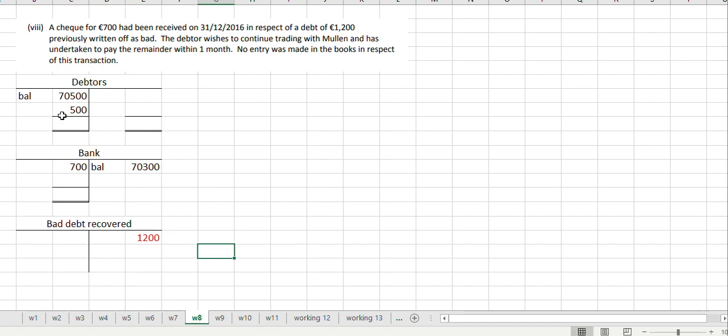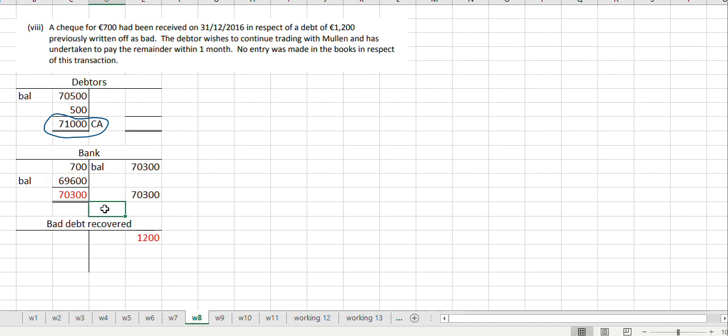So when we balance these, I'm just going to add this up. 71,000 will be our debtors figure, which I'll circle, which will be a current asset. That is your debtor figure. Your bank figure, when you balance your bank, 70,300, your balance is going to be 69,600.